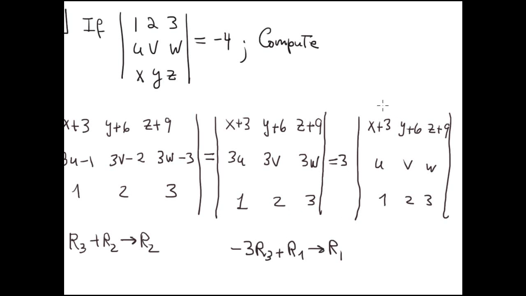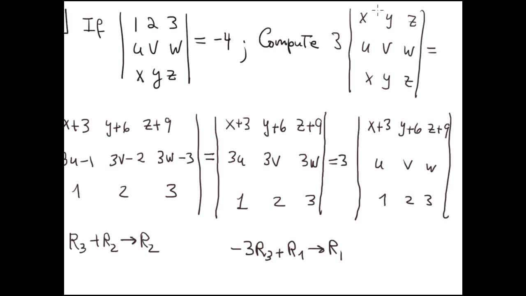So when you multiply, don't forget this 3. You apply a row operation, multiplication by negative 3 times 1 is negative 3, plus 3 is 0, cancelled out. Negative 3 times 2 is negative 6, plus 6 is 0, and negative 3 times 3 is negative 9, and plus 9 is 0. What stays then is x, y, z, U, V, W, x, y, z.